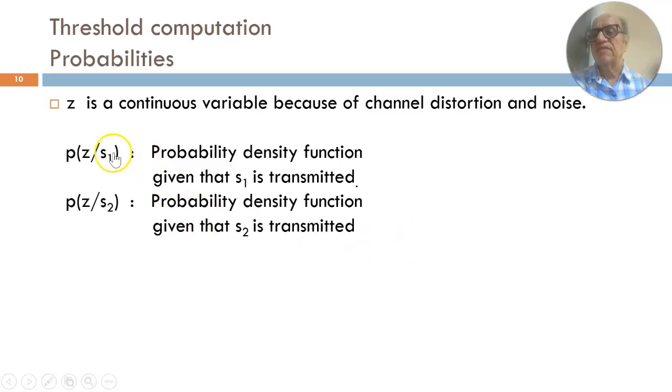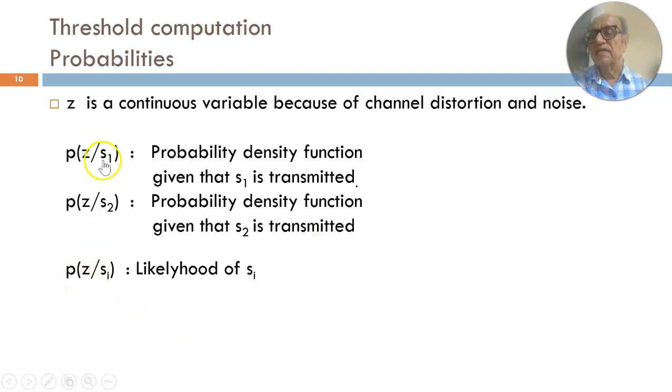Now the reason we are defining these probabilities is because we shall see that it will be possible for us to write down the expressions for these, and once we relate these to the discrete probabilities that we have studied in the last slide, we'll be able to obtain the threshold. For that reason, this is studied.